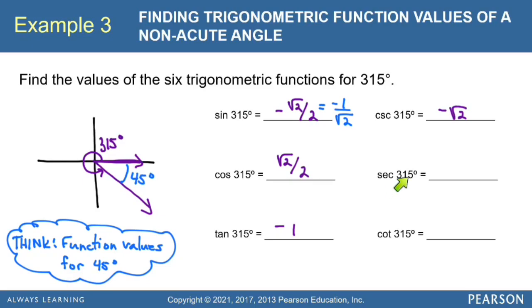The secant of 315 is the reciprocal of the cosine value, and so that's going to be positive square root of 2. And then the cotangent of 315 degrees is going to be the reciprocal of the tangent value, and so we know that -1 is its own reciprocal. So if you flip this over, it would be 1 over -1, which would still be -1.